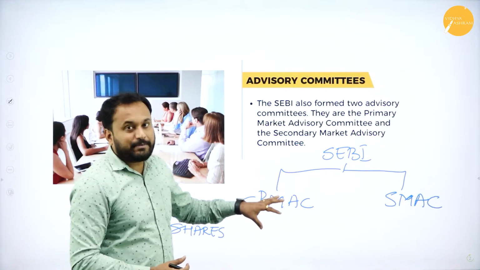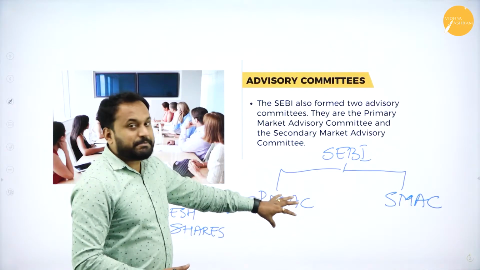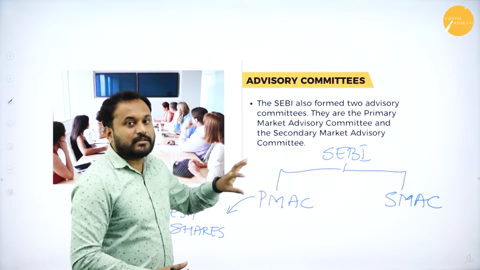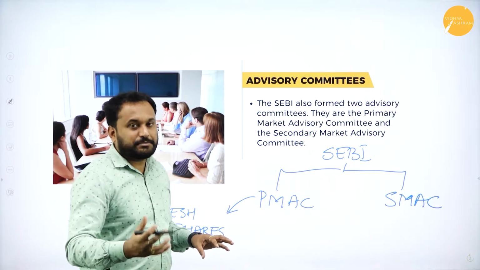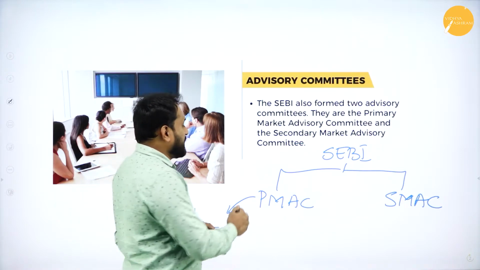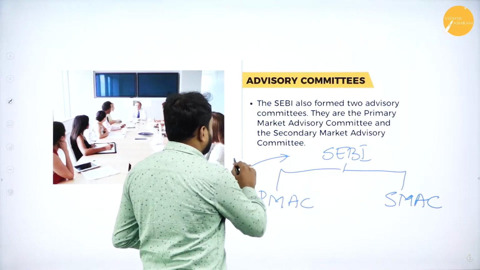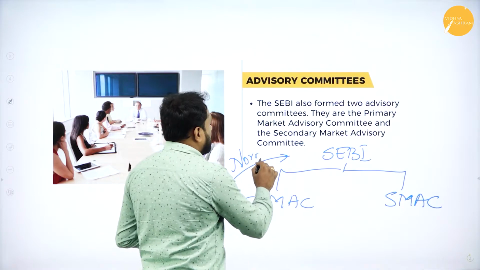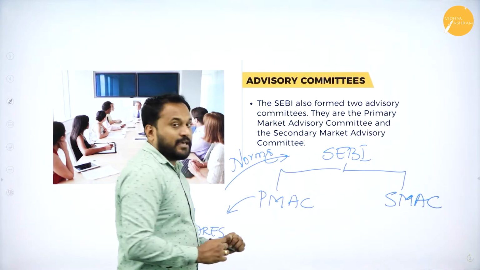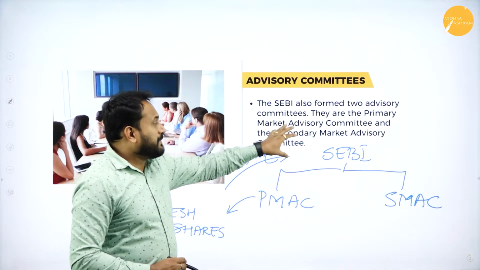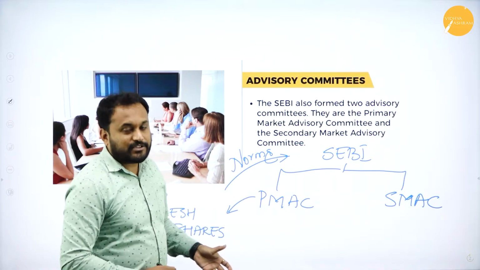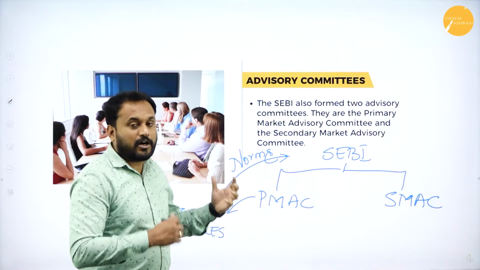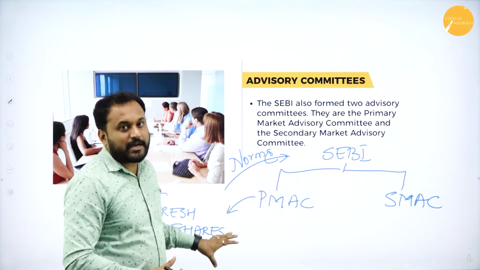Here what usually happens is, whether the company is performing the task, whichever they have their own rules and regulations, but they are supposed to check what the Sebi have given as norms. So the norms should be actually taken care of. And the primary market advisory committee will give all the rules and regulations which should be formed or which should be practiced in the primary market.